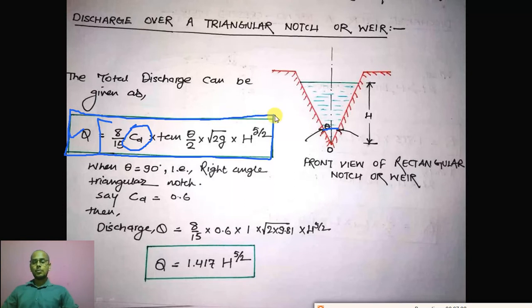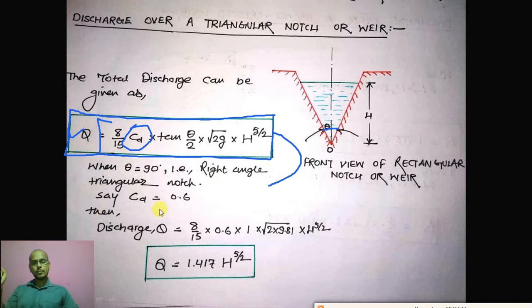But one more thing we have to understand, which is directly used when you solve numericals. Suppose you have this triangular section, but the angle between both sides is 90 degrees. So you can write theta is equal to 90, so it will be a right angle triangle.